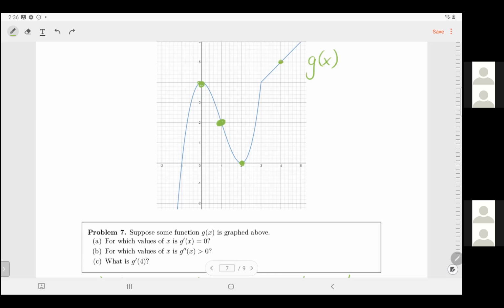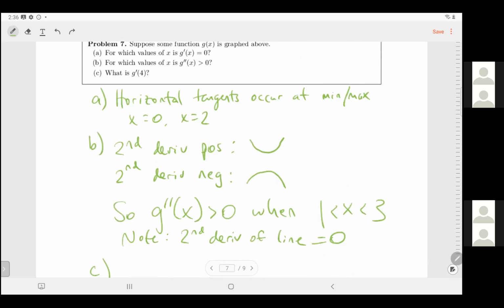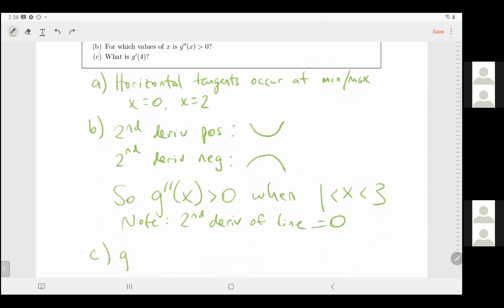It's the slope of the line at that point. G prime is 1 for any value past x equals 3, really. Okay, so again, don't get scared. G prime of 4 equals 1 because slope of line is 1. Awesome.